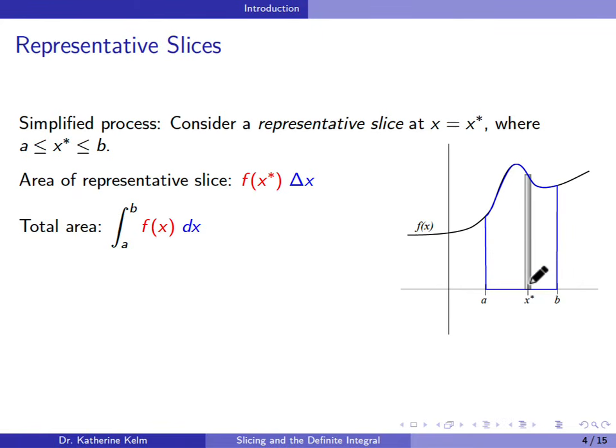We'll call this representative rectangle a slice of the area. So the area of this slice is going to be the height times the width. So the height is f of x star, and the width is delta x. And then we'll just go straight to writing the total area as the definite integral from a to b of f of x dx.